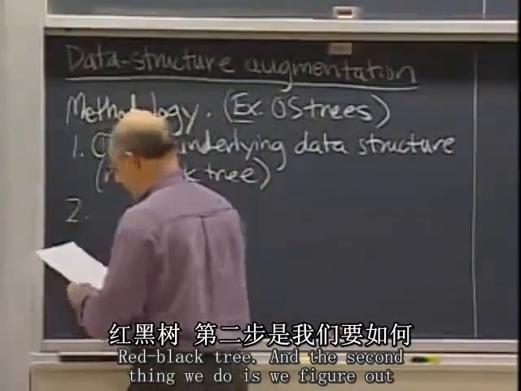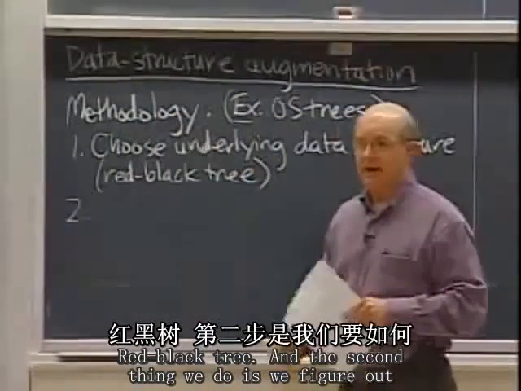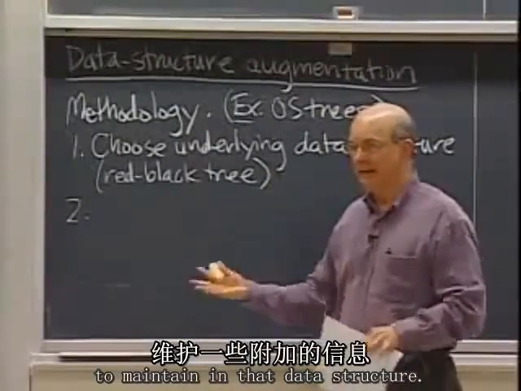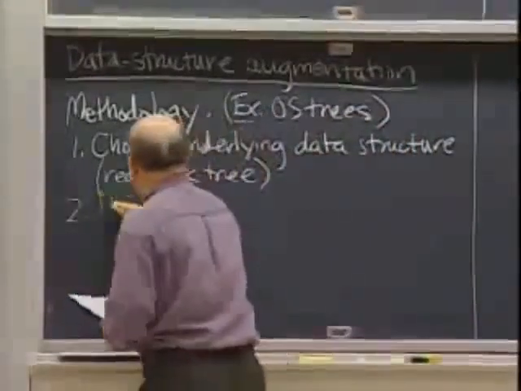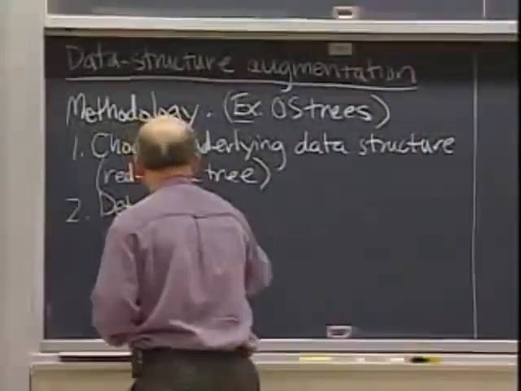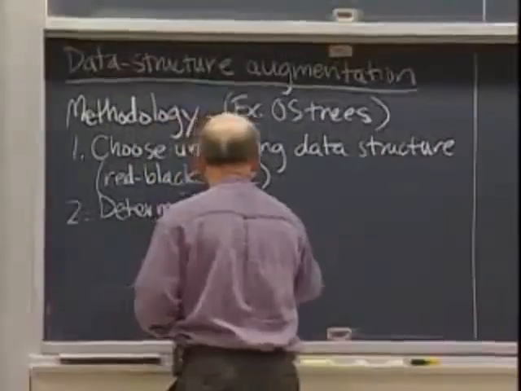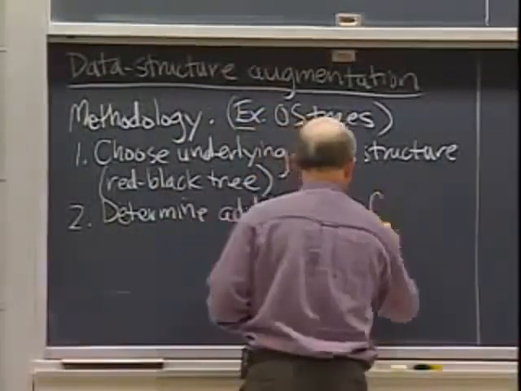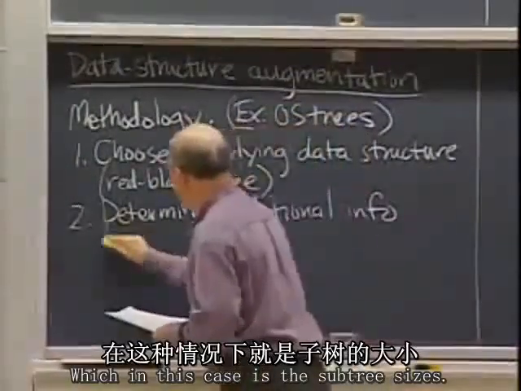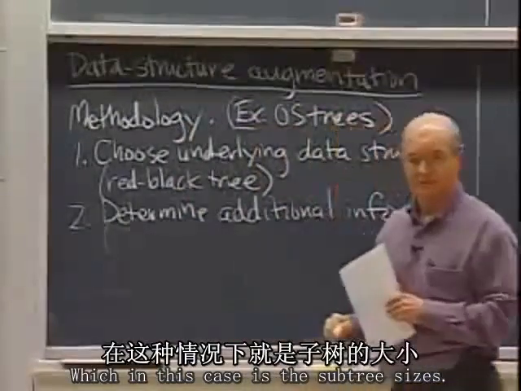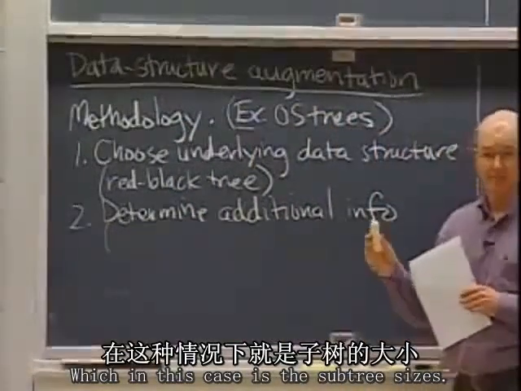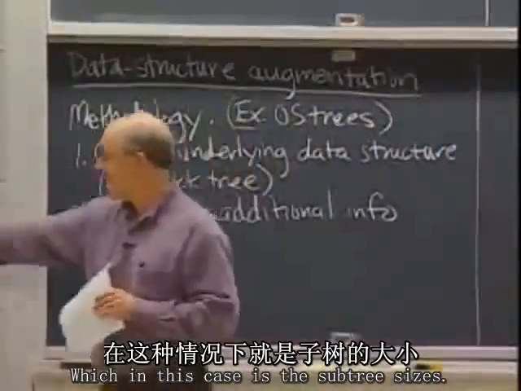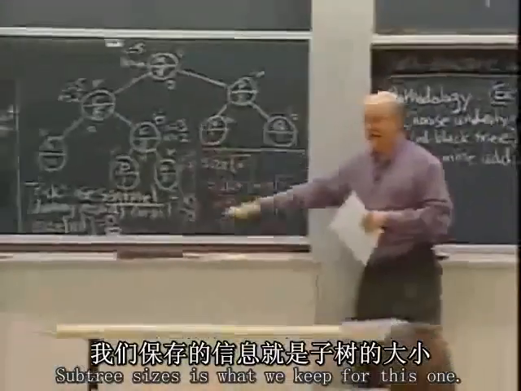The second thing we do is we figure out what additional information we wish to maintain in that data structure. Which in this case is the subtree sizes. Subtree sizes is what we keep for this one.